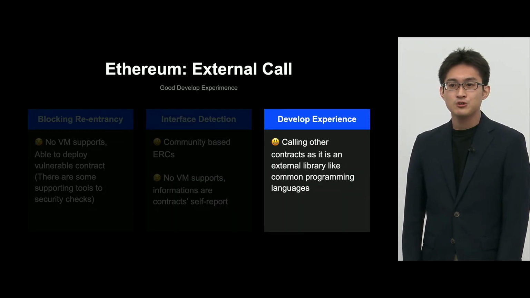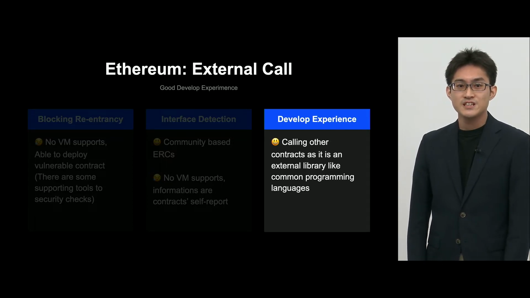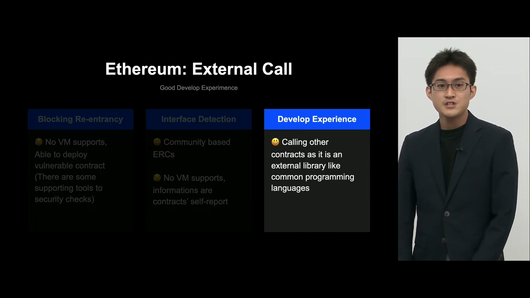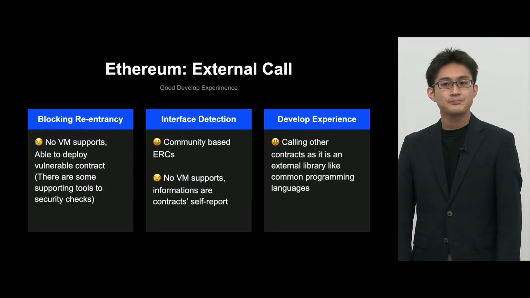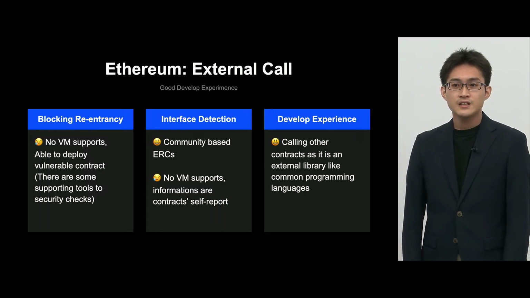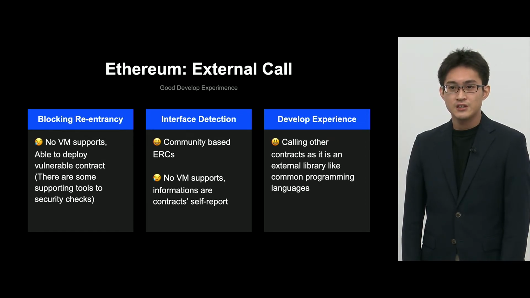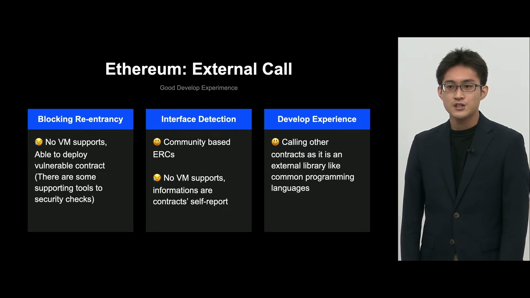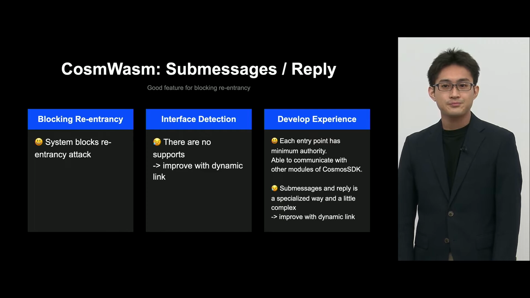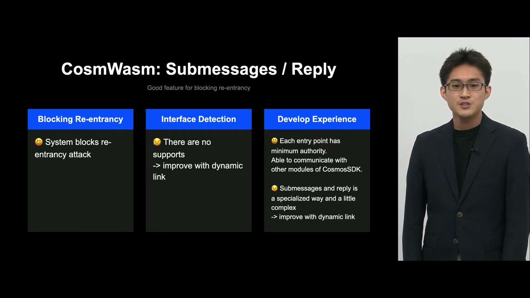Finally, in development, as was introduced, the external library call is enabled. So you can utilize your experience from programming the languages. So it has a good development experience, but it was like a pioneer contract, so it does not provide sufficient VM functionality.